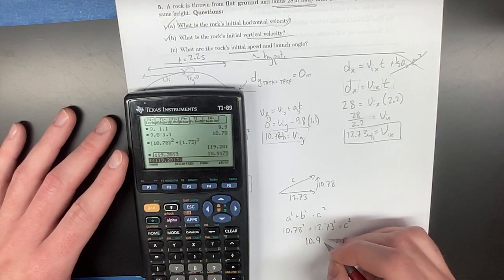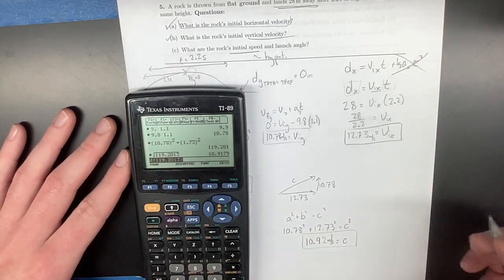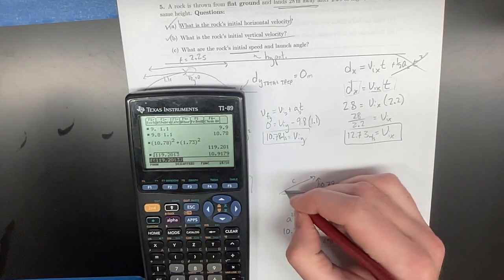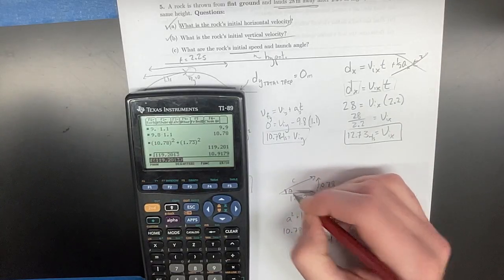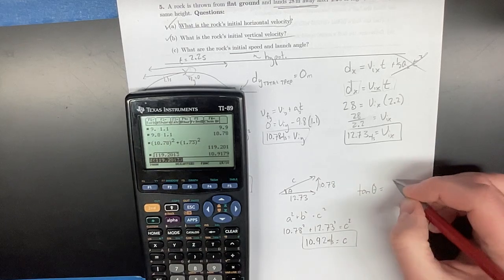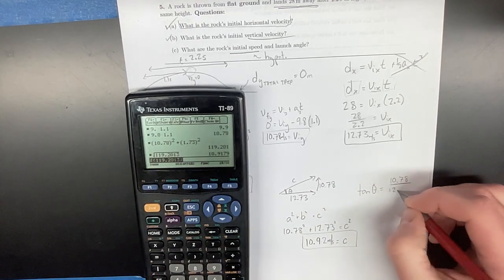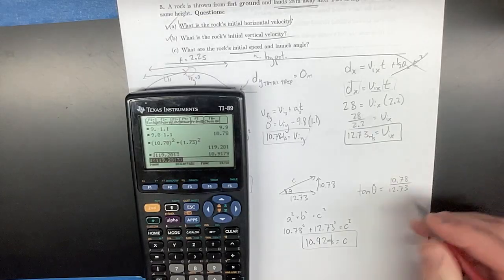16.92 meters per second as my overall speed, and then the angle right here, theta, tangent of theta is equal to my opposite of 10.78 divided by my adjacent of 12.73.